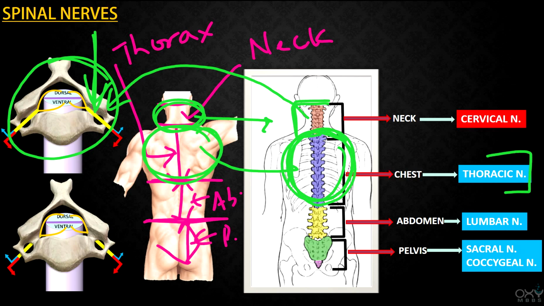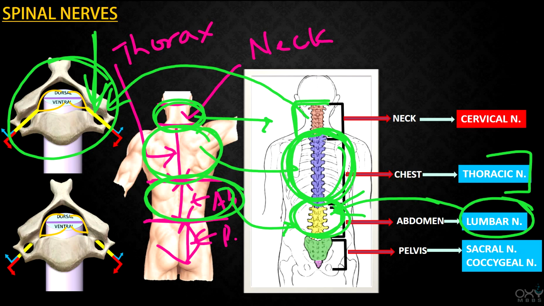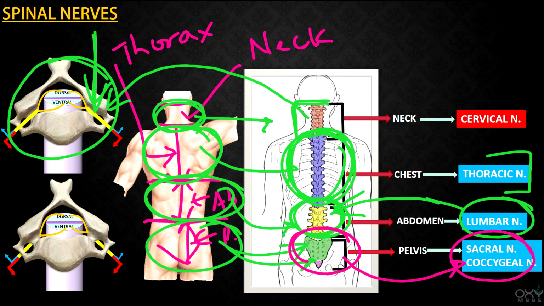The vertebral bones present in the abdominal region are called lumbar vertebrae, and the spinal nerves which emerge through them are called lumbar nerves. And as in the pelvic region the sacrum and the coccyx are present, these spinal nerves are called sacral nerve and coccygeal nerve.